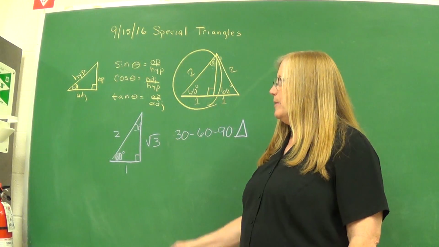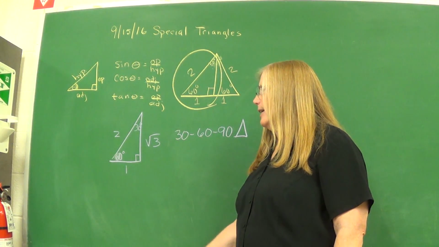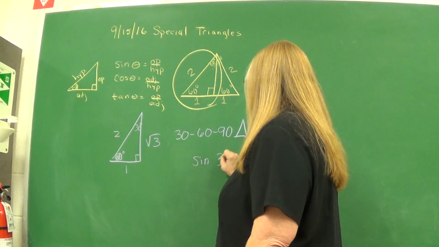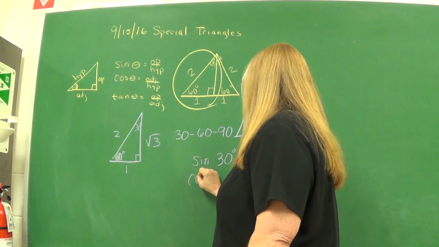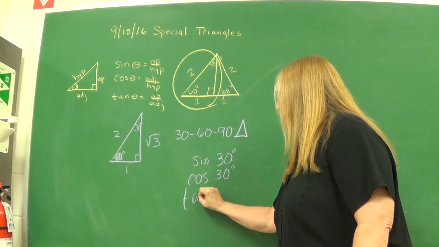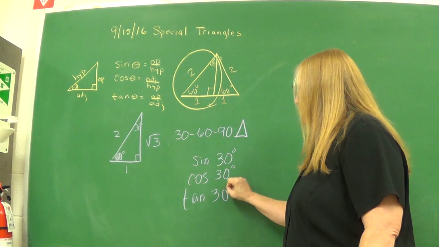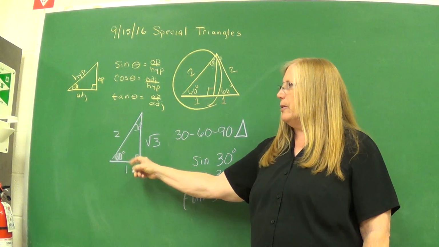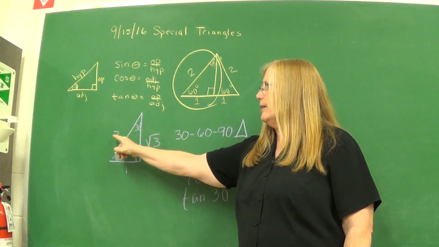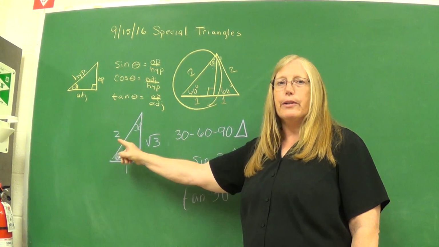So they come to you, pay you big bucks to tell them what is the sine of 30, the cosine of 30, and the tangent of 30. What are those values? Well, it turns out you remember your special triangle, because the 30, 60, 90 always is proportional to these numbers.